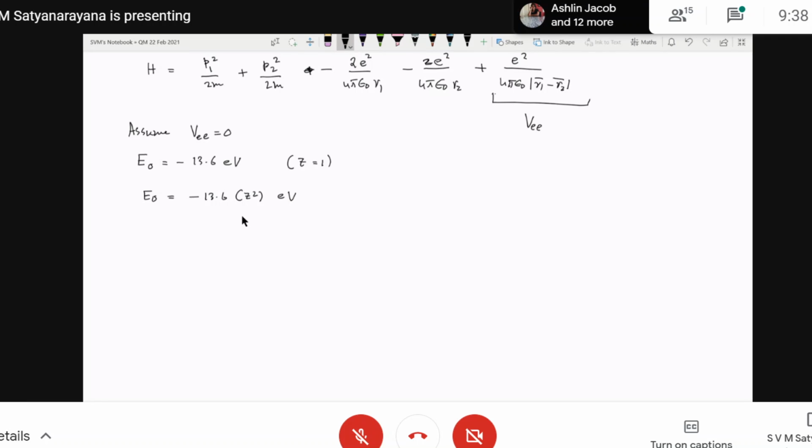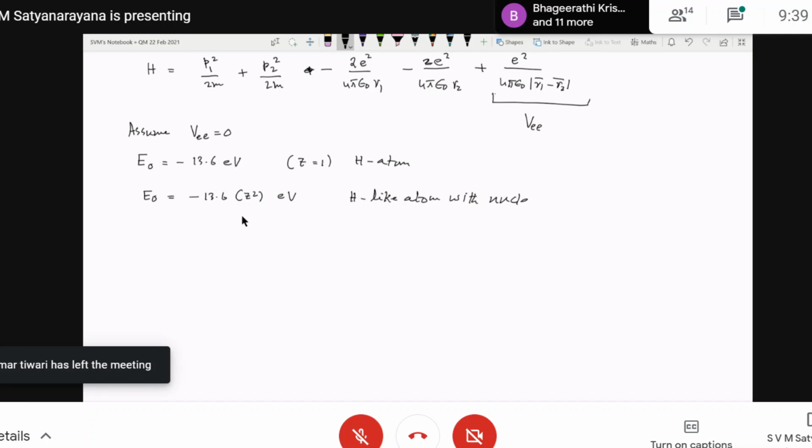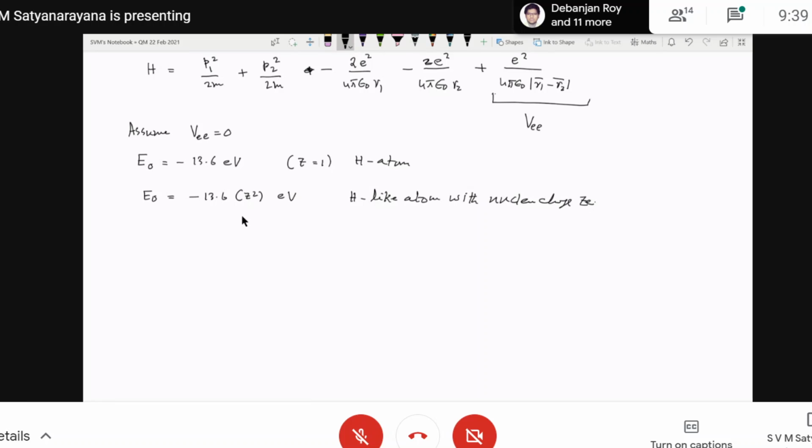So this is for hydrogen atom, and this is for a hydrogen-like atom with nuclear charge Z times e. Now for helium atom, Z is equal to 2.